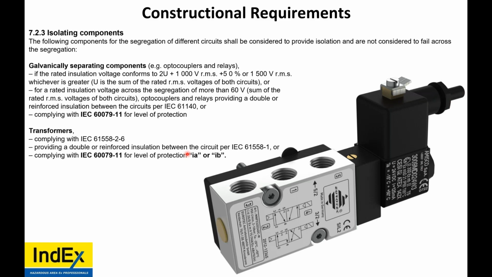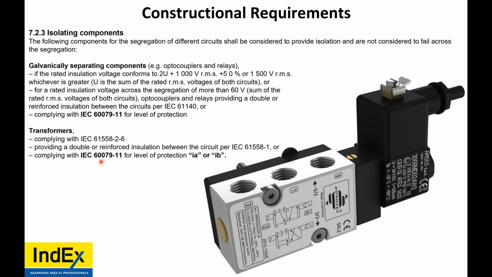So, isolating components. The following components for segregation of different circuits shall be considered to provide isolation and are not considered to fail across the segregation. Galvanic and transformer. This is very similar to, once again, intrinsically safe, 60079-11.